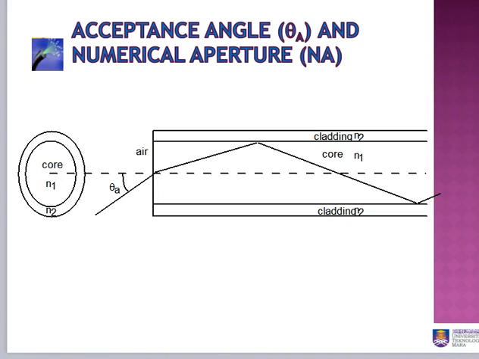Numerical aperture is related to a number of important fiber characteristics. Number 1, it is a measure of the ability of the fiber to gather light at the input end. It is also a measure of the contrast in the refractive index between the core and cladding. It is a good measure of the light guiding properties of the fiber.